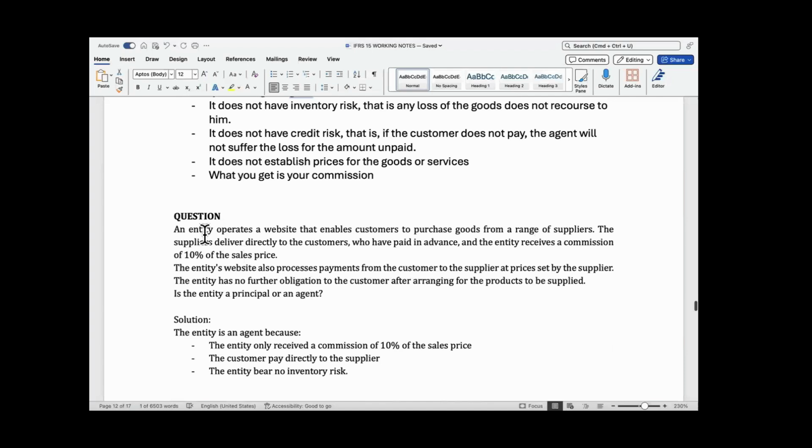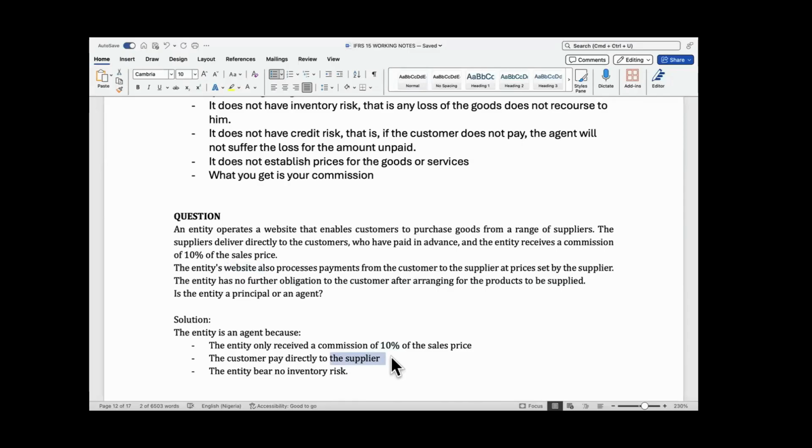And we looked at the question, and we saw that this website company only gets 10% commission. And the customer pays directly to the supplier, not to you. Probably you just have a payment gateway that they use, but the money goes to the supplier's wallet. It doesn't come to you.